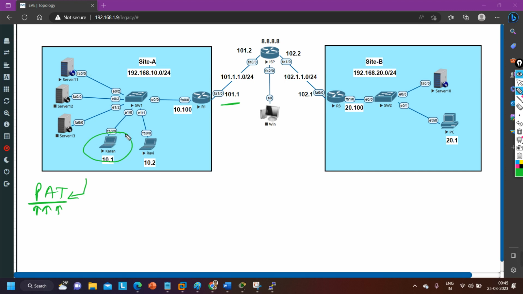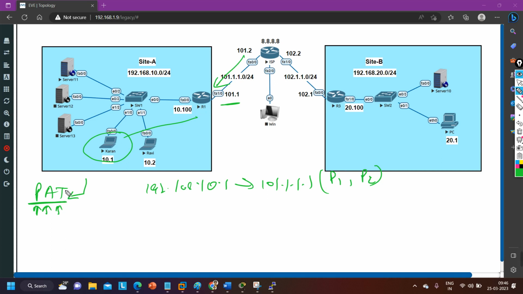Suppose Karan is generating a request, it will translate the private IP address 192.168.10.1 into this public IP address 101.1.1.1, and here it is going to provide a source port and destination port. Suppose the source port is P1, destination port is P2. So when this router receives the reply, it will check the port first, right?